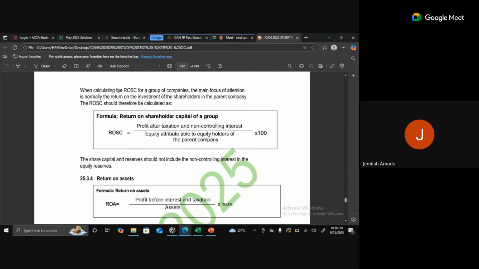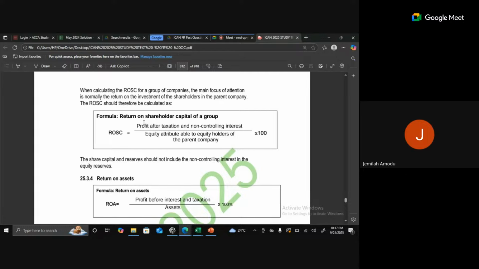So they say when calculating the return on shareholders capital for a group company, the main focus of attention is normally the return on the investment of the shareholders in the parent company. So the return should therefore be calculated as profit after taxation and non-controlling interest. Remember the one we did the other time, we added non-controlling interest to it.